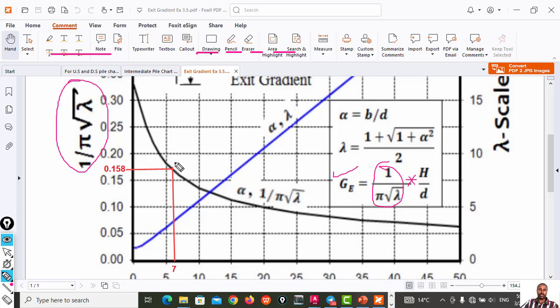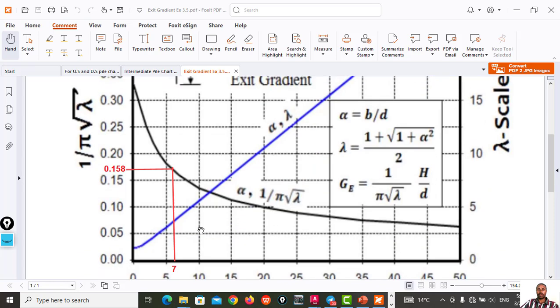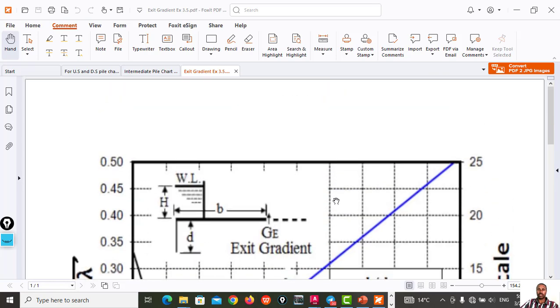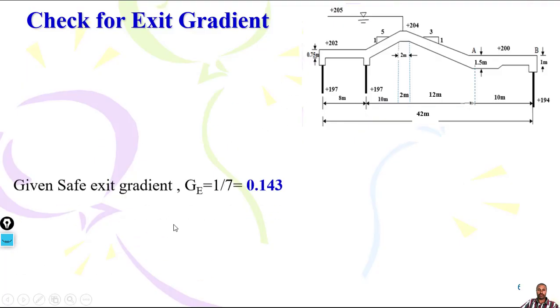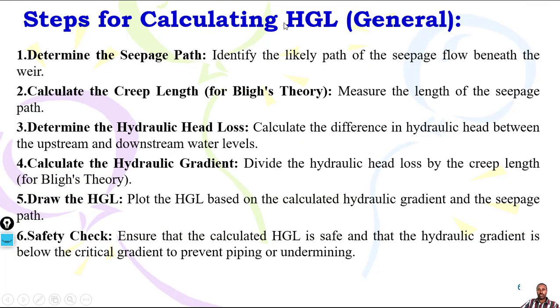You read out here, you intersect at this point, then you have it here. Then you multiply by H over D. So this is just the exit gradient. You can see this is the exit gradient chart. You can read out. So these are the steps for calculating exit gradient or hydraulic grade line.